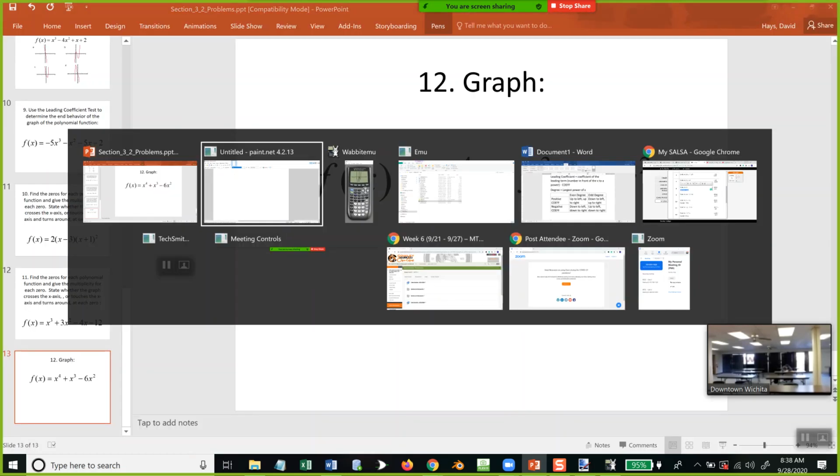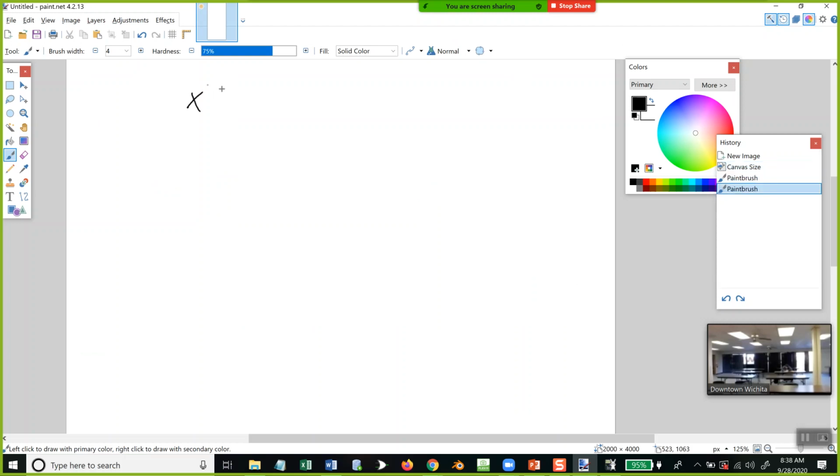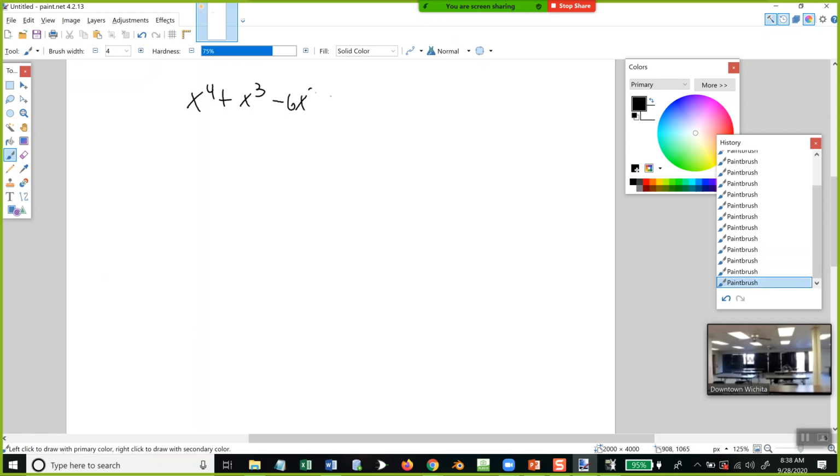Okay, so x to the fourth plus x to the third minus 6x squared equals 0. Factor out an x squared, and that leaves me x squared plus x minus 6. That's GCF. PSD, this factors as x plus 3, x minus 2.